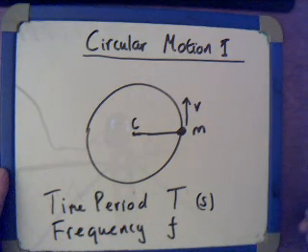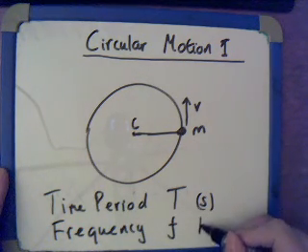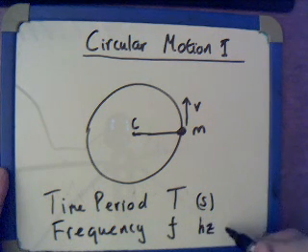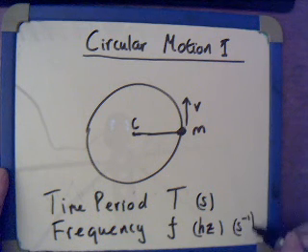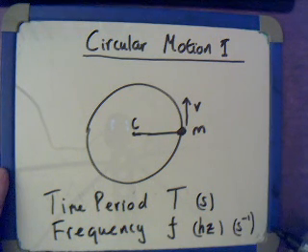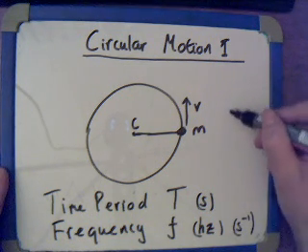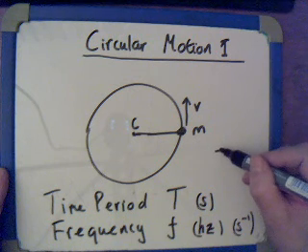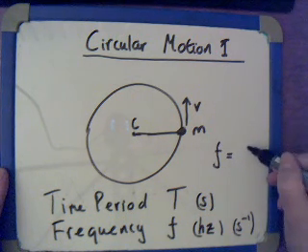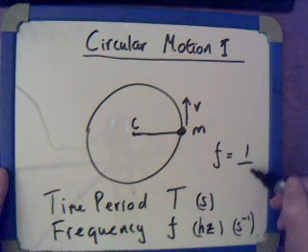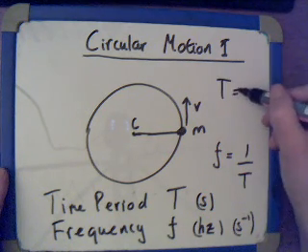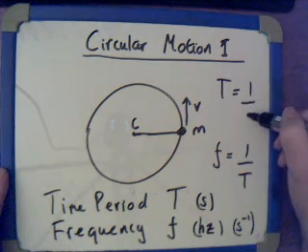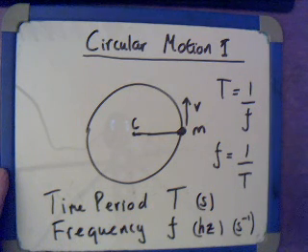The frequency is given in the units of hertz, which is the same as seconds to the -1. And those two are linked by the formula that the frequency is equal to 1 divided by the time period, and equally the time period is equal to 1 divided by the frequency.